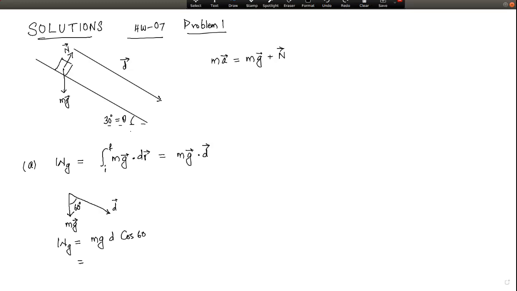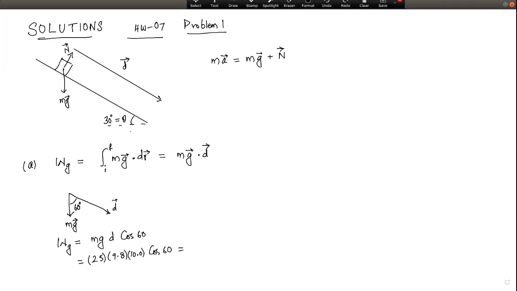So that's equal to mg is 25 into 9.8, and d is 10 meters, and that's cosine 60. That comes out to 1225 joules.